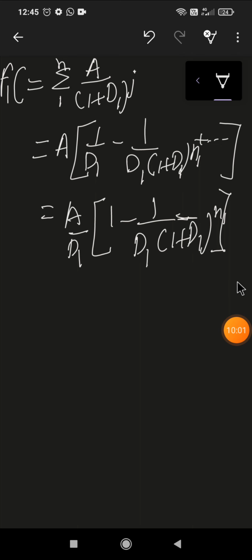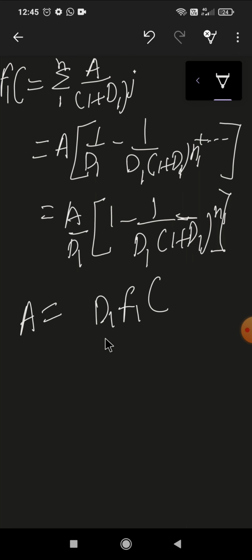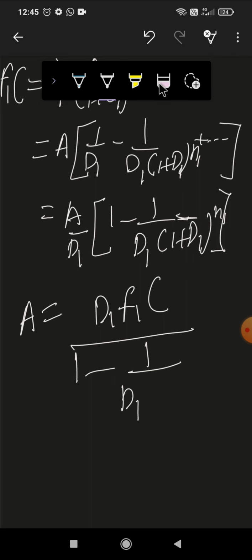Now we want to find the EMI, that is how much amount we need to pay every month or every year. That is A. So we will make A the subject. A will be equal to D1 F1 into C divided by 1 minus... sorry, D1 has been taken as constant, so there is a mistake here.